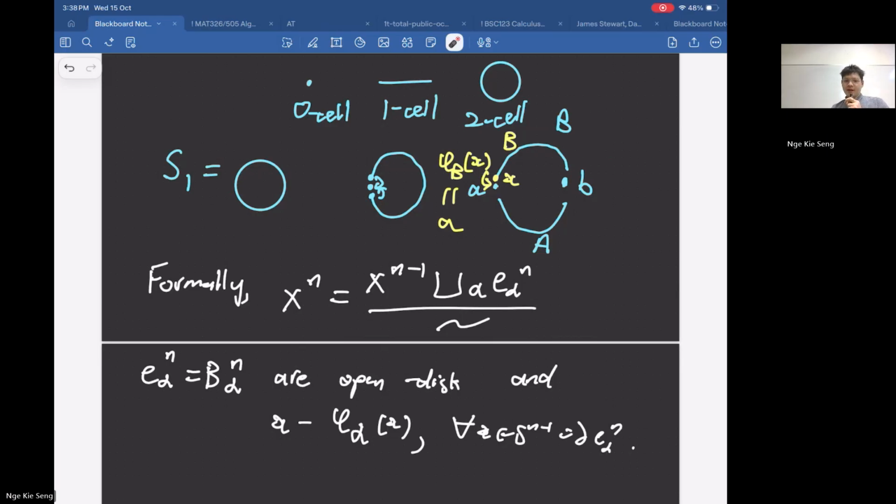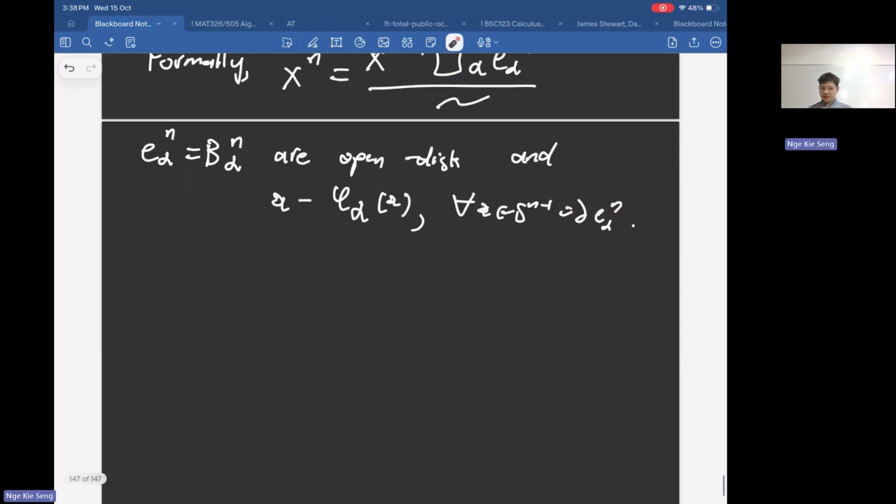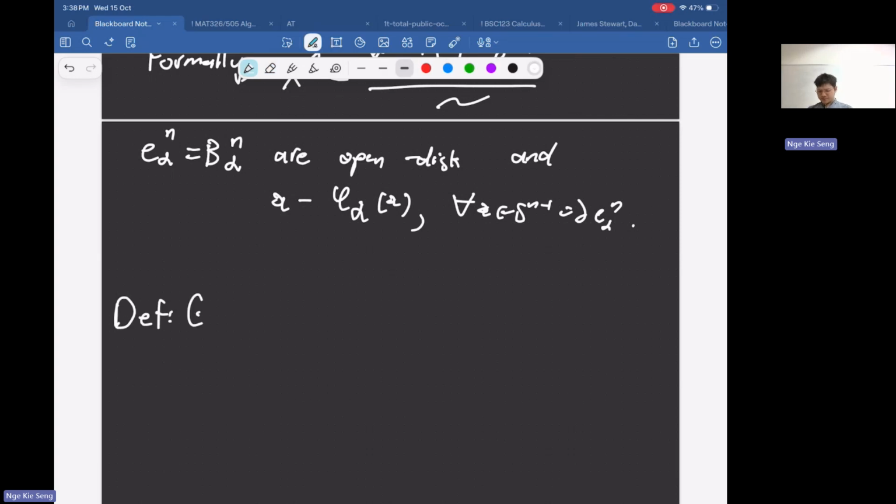Before going to examples, let's define one more thing for this cell complex. We will define what is called the Euler characteristic. This generalizes the definition in graph theory. We will only define it for finite CW complexes. Later you will see why.